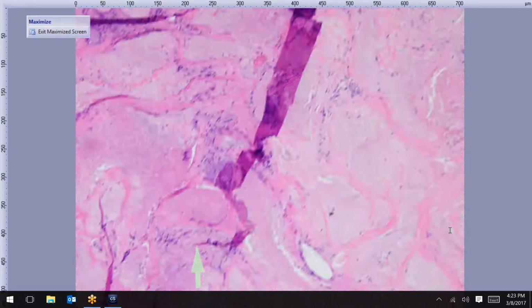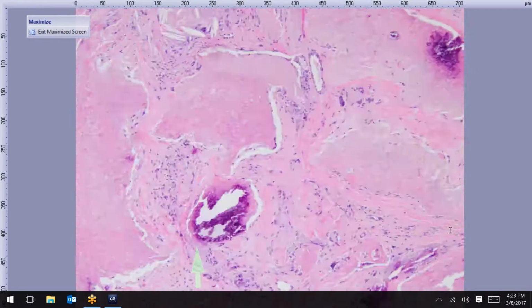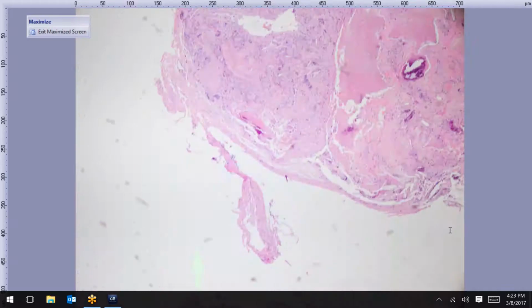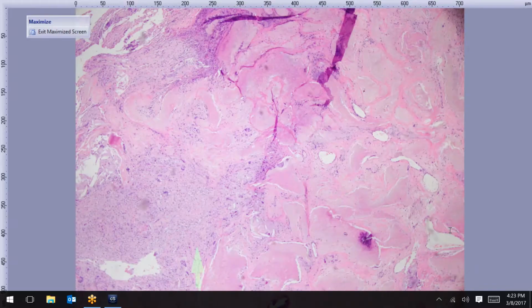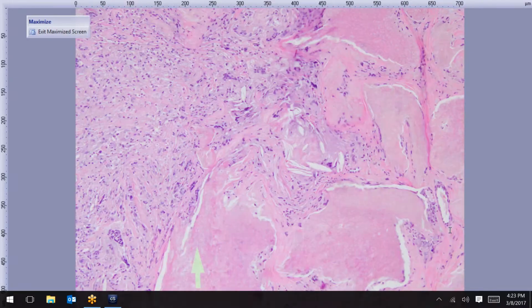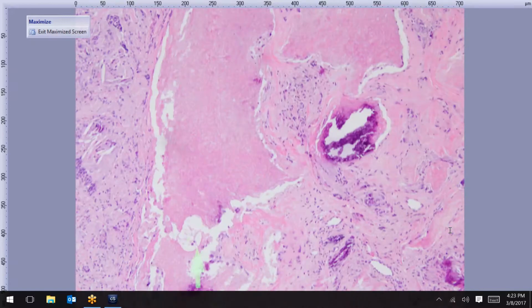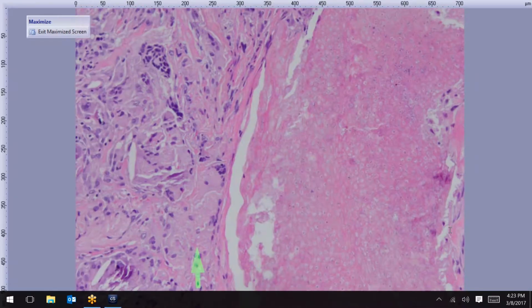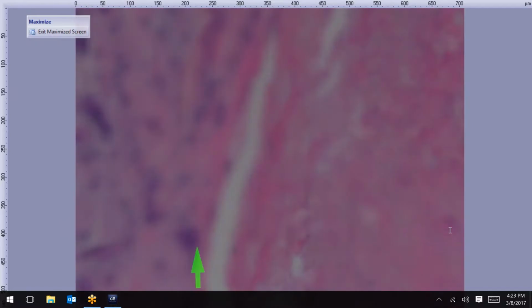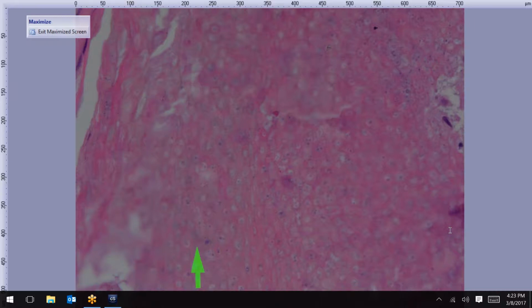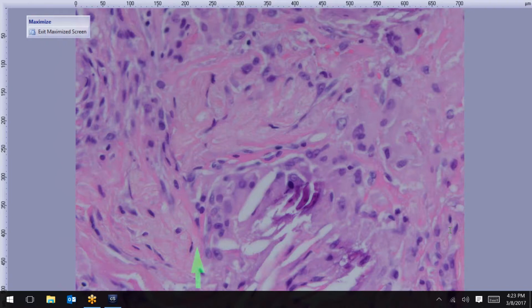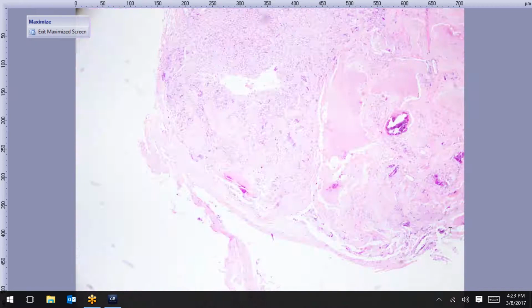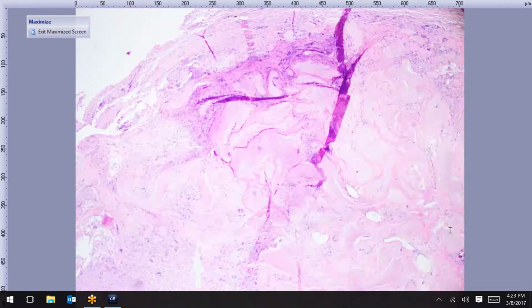Typically you get basaloid cells, and I'm not sure if we have any good basaloid islands in this, which transition into cells that have dying pyknotic nuclei, and they're followed by these shadow cells. Real nice, perfect example of shadow cells here. Okay, I'll brighten that up a little. Also accompanied by some granulomatous inflammation right here that you often see because the body's reacting to the shadow cells. Calcification are these purple areas, which you often get. So this is a nice pilomatricoma.